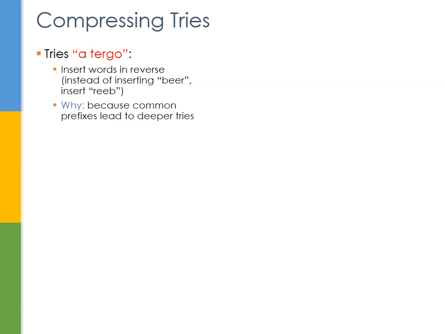Of course, it's not going to completely eliminate the problem. You will still find common suffixes such as ality, for example, duality, rationality. There are lots of words that end in those particular 5 characters. So that is a common shared suffix. However, these are usually less long than the common prefixes. So on average, ad ergo tries tend to be more compact than standard tries.